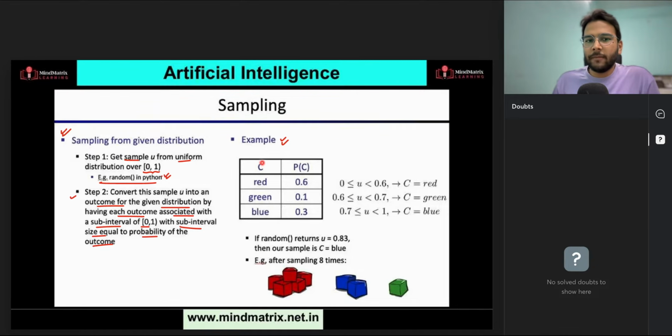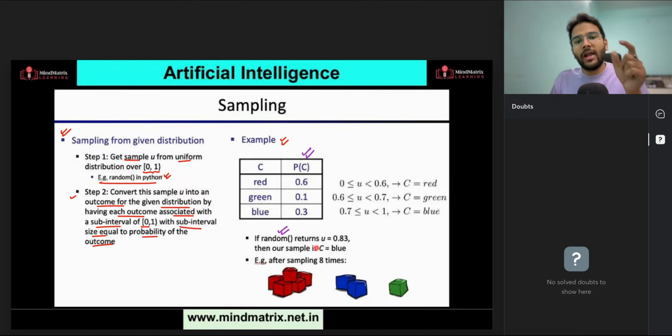Let's say you have some color. C represents the random variable for color. It may be red, it may be green, it may be blue, right? And these are the probabilities for these colors. If you are picking up a box of these colors, what is the probability of the color being red? That is 0.6, for green 0.1, for blue it is 0.3. Now if you use this random function, it will return some value between 0 and 1.